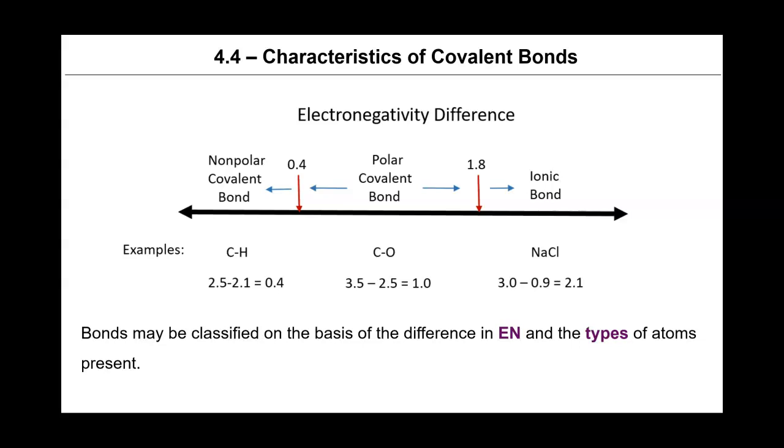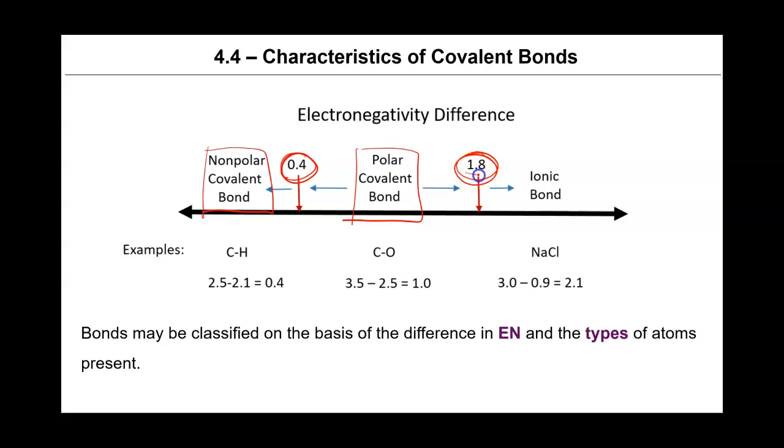So using Pauling's scale, we can characterize bonds according to the difference in electronegativity between the atoms involved. And what we're going to say is that if the difference between the 2 atoms bonded together is less than 0.4, then we're going to call that bond non-polar. If the difference in electronegativity between the 2 atoms being joined by a covalent bond is between 1.8 and 0.4, we're going to call that a polar covalent bond.